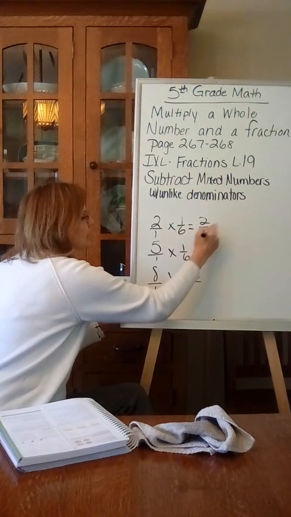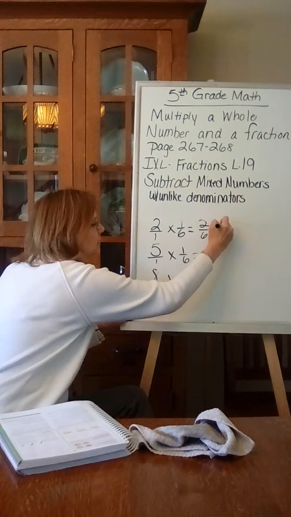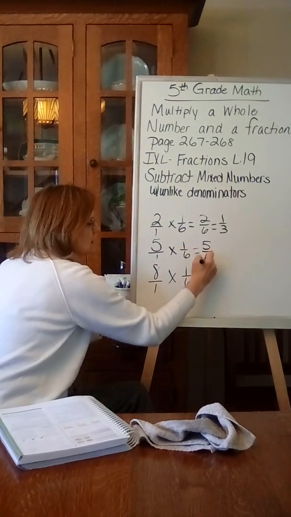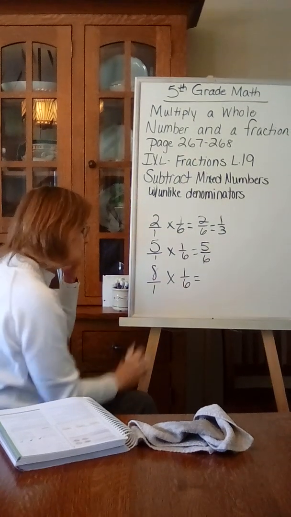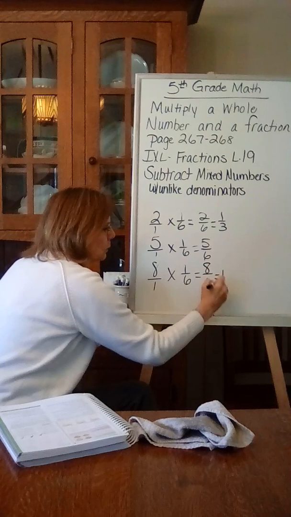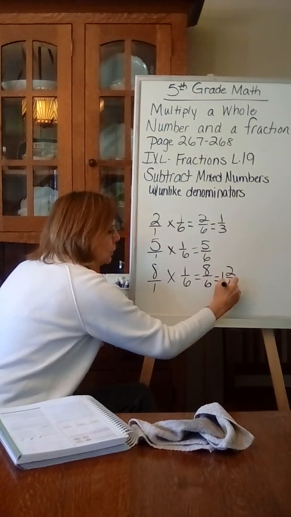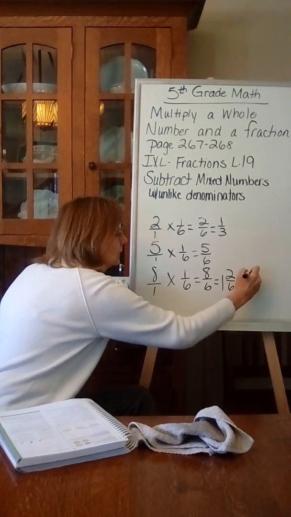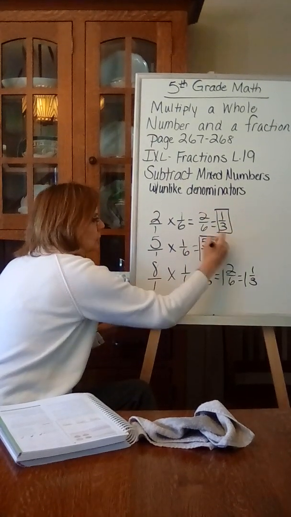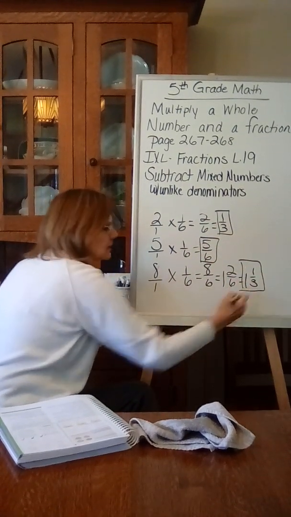I've got 2/6. I've got to reduce it because we're even numbers, so 1/3. I've got 5/6. This one is already in lowest terms. I've got 8/6. 6 can go in there one time. I've got 2 left over, so 1 1/3. In your box, in your box, and in your box.